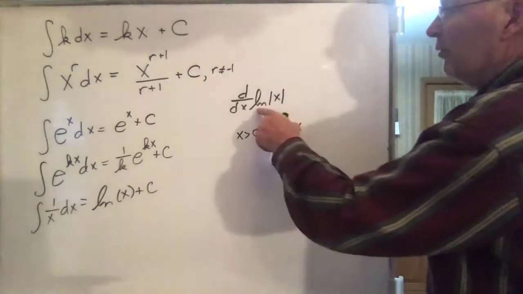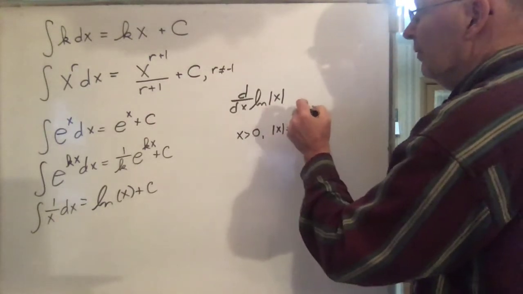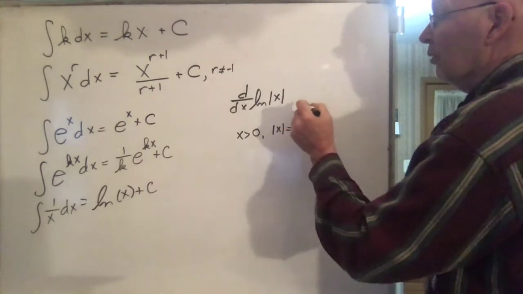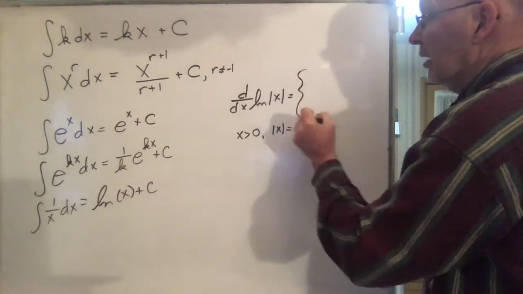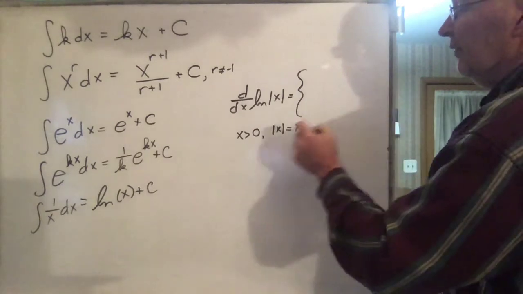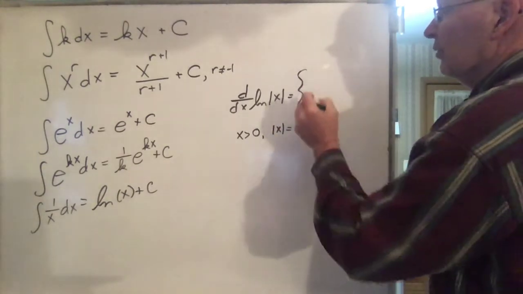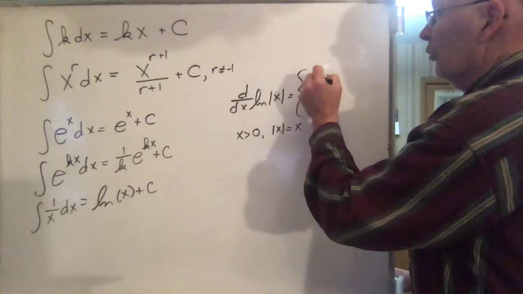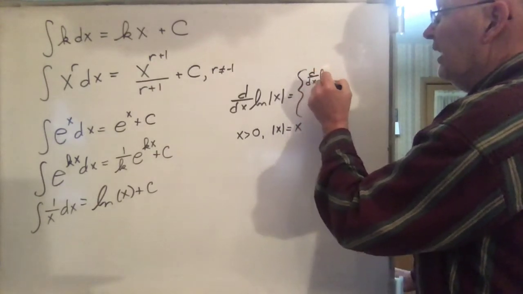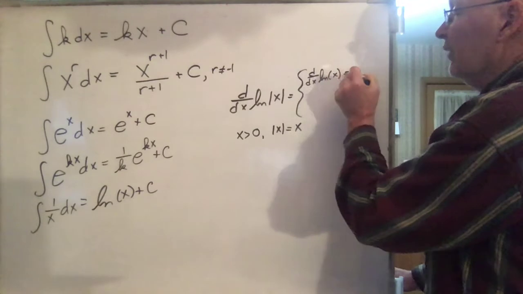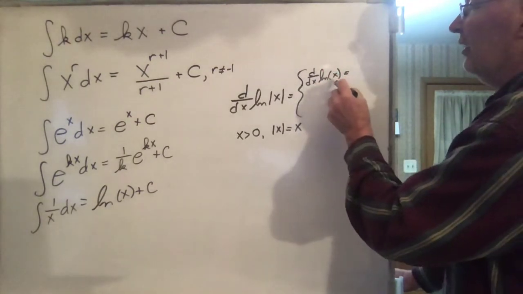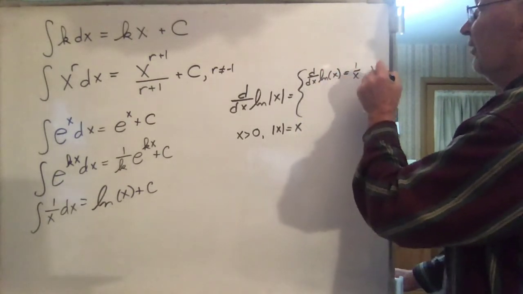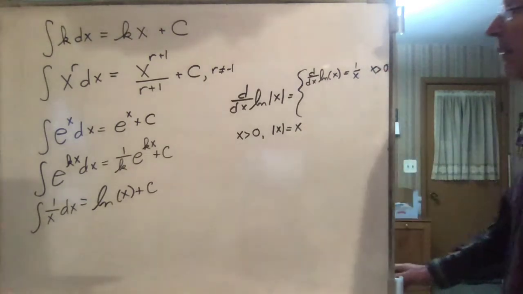And so if x is positive, then it's going to be equal to the derivative of the ln of x, and the derivative of the ln of x is just equal to 1 over x. This is when x is positive. Agreed?